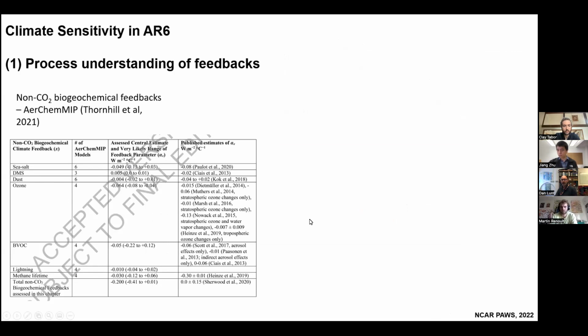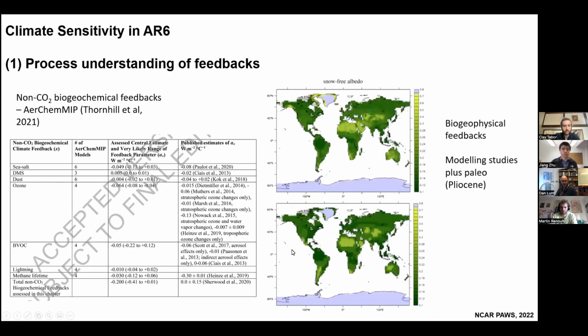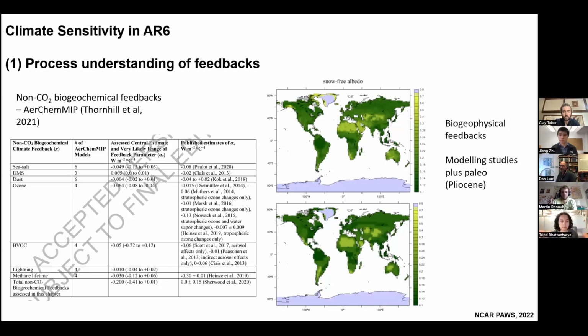In terms of the biophysical feedback, this was a part where paleoclimate played a role. In particular, what we're talking about is the albedo feedback associated with vegetation changes in response to temperature change.